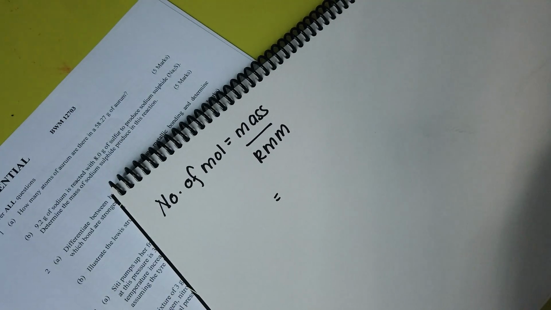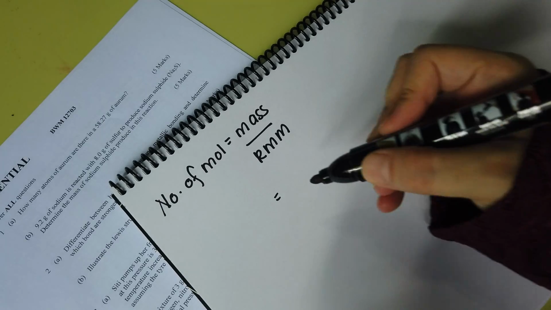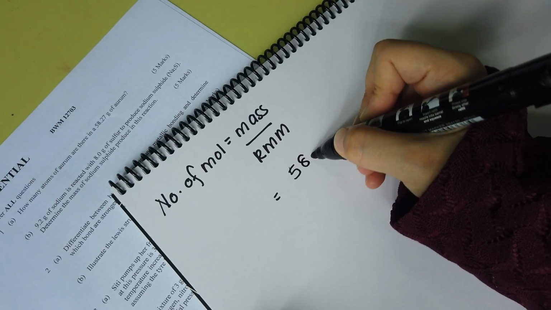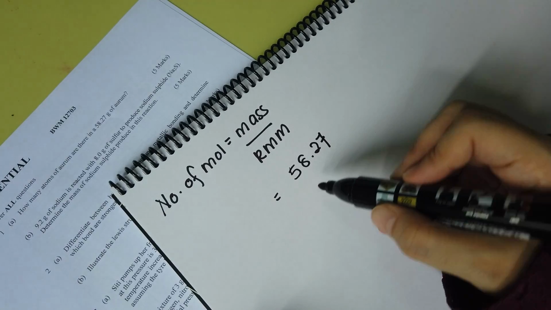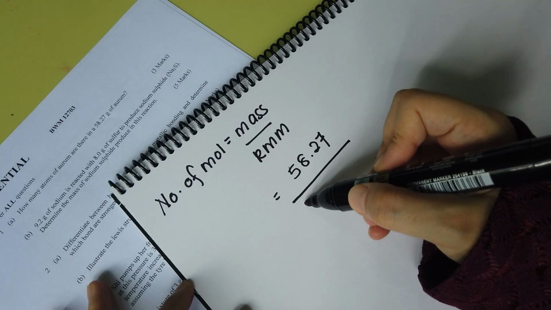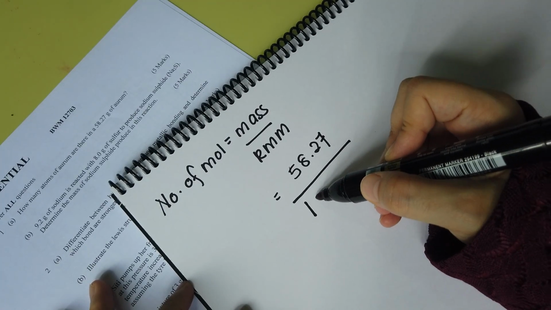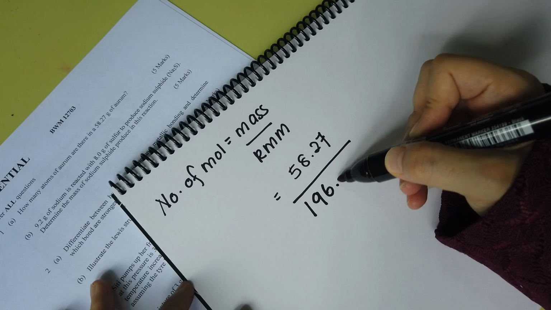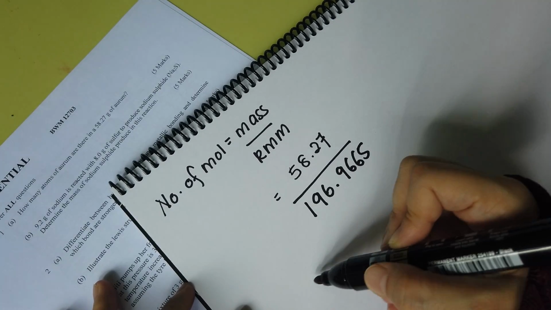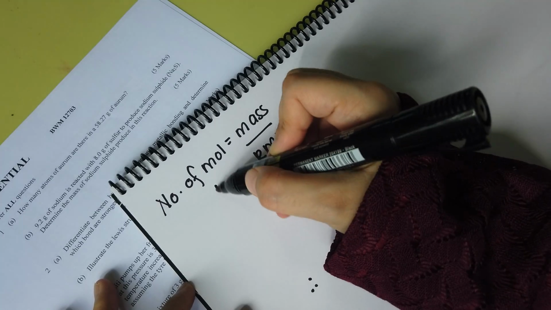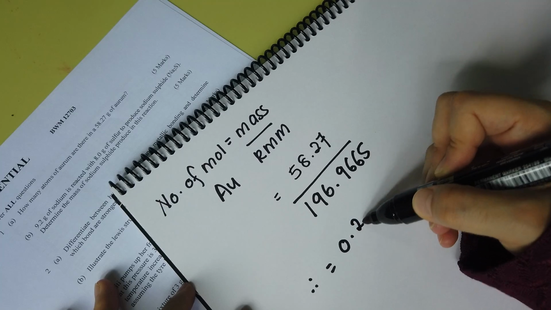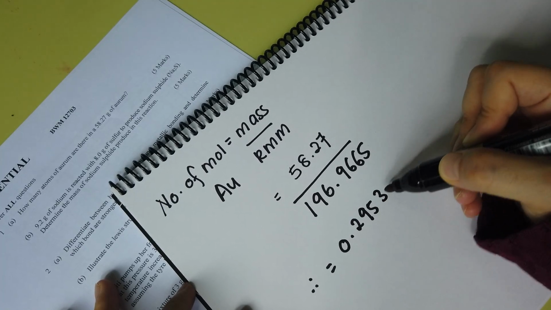The mass given in the question is 58.27 divided by the RMM from the list just now, 196.9665. Therefore, the number of mole for aurum is equivalent to 0.2953 mole.